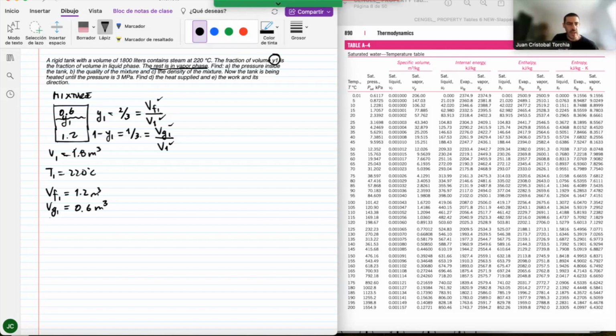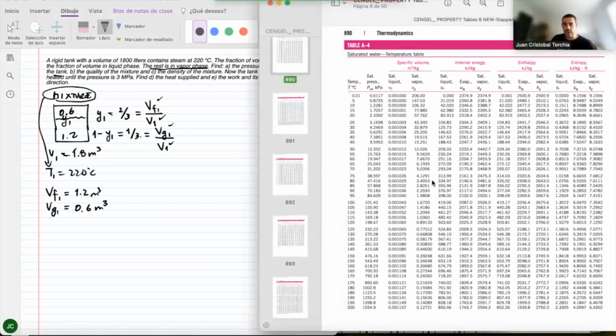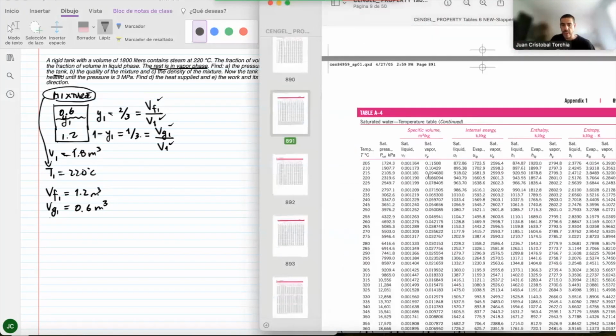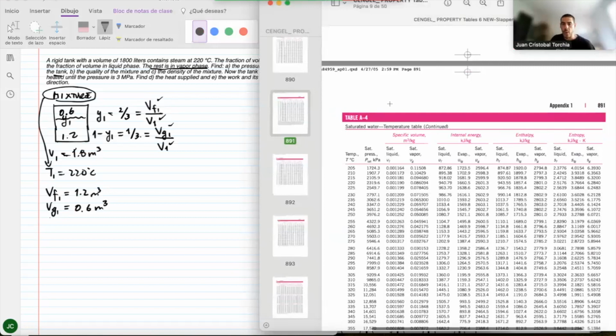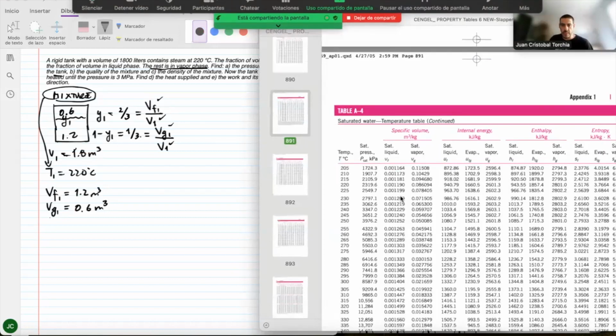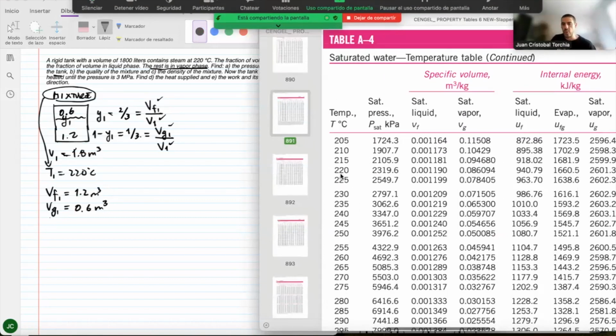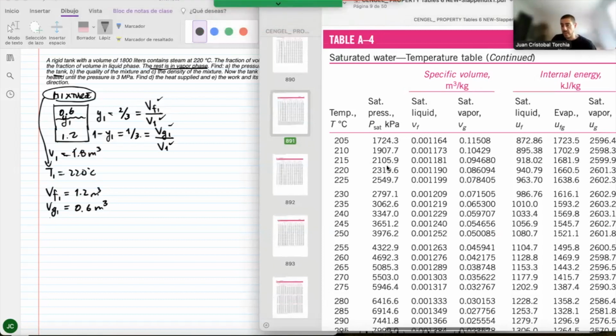Find the pressure inside the tank. That one is easy. I already know that this is a mixture. So if it's a mixture and I know another piece of data like the temperature, I'm going to be able to find the pressure. I'm going to go back to this table and look at the fourth row, the 220 degrees Celsius, and right at the right you will see the saturation pressure.